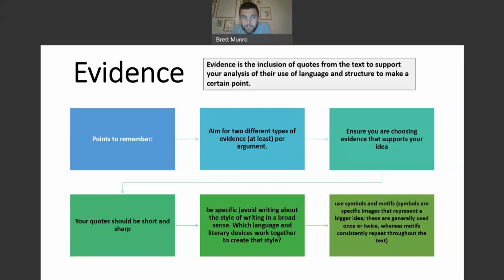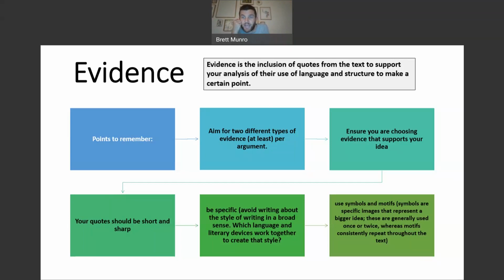So remember, aim to do 2 different types of evidence per argument. Ensure you are choosing evidence that supports your idea. Your quote should be short and sharp. Be specific. Avoid writing about the style of writing in a broad sense. Speak about which language and literary devices work together to create that style.